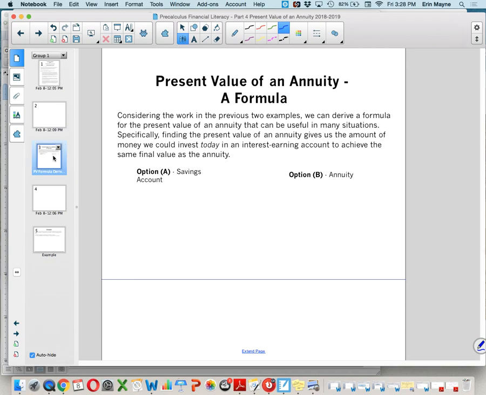So we left things on Friday with this idea that when you go to a financial institution or anyone who's going to give you money to get an item now, whether it's a house or a boat or a couch or anything you're taking a loan out for, maybe it's to start a business. The idea is that the person or entity that is giving you the money is giving you a present value, a value of money now.